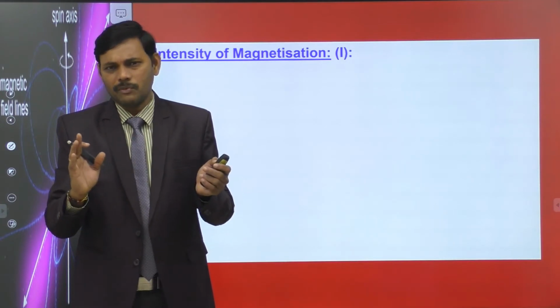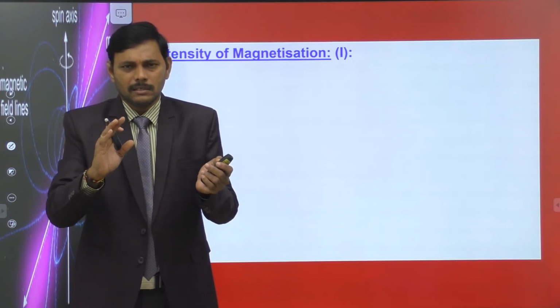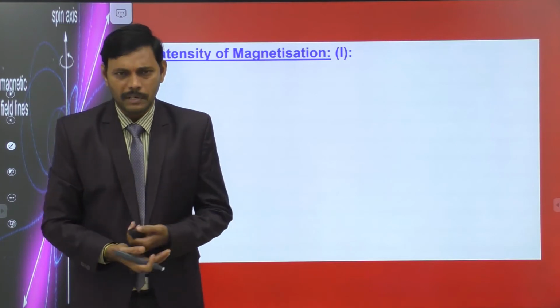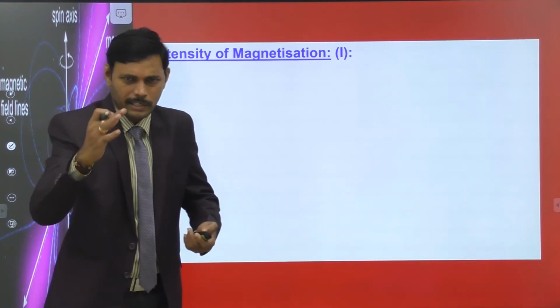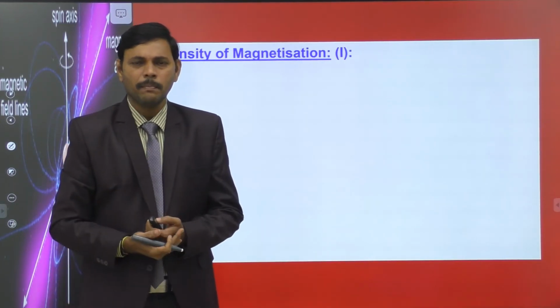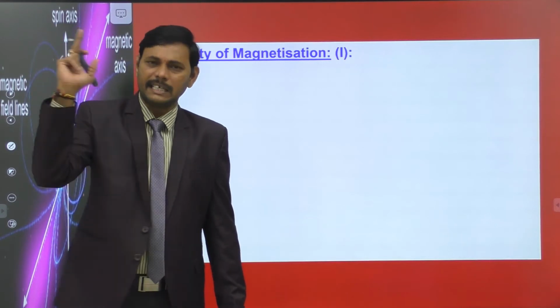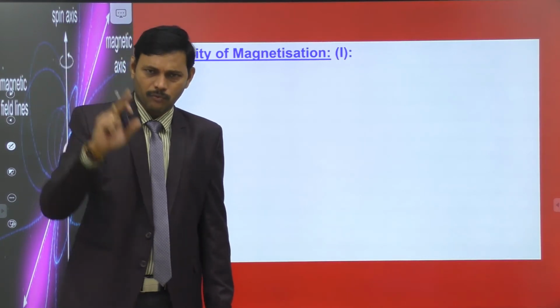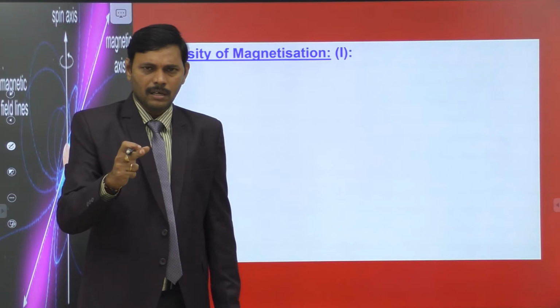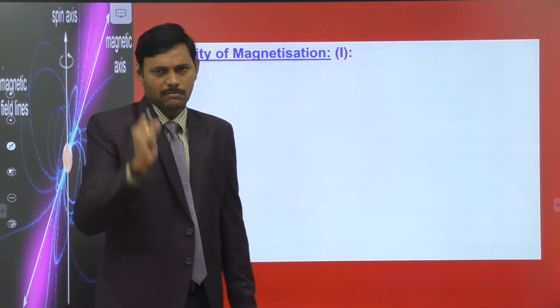So to avoid it, I am explaining the terms repeatedly, students. You may also try to remember and practice them. Already we defined magnetic intensity, magnetizing force or magnetizing field, that is denoted by H.